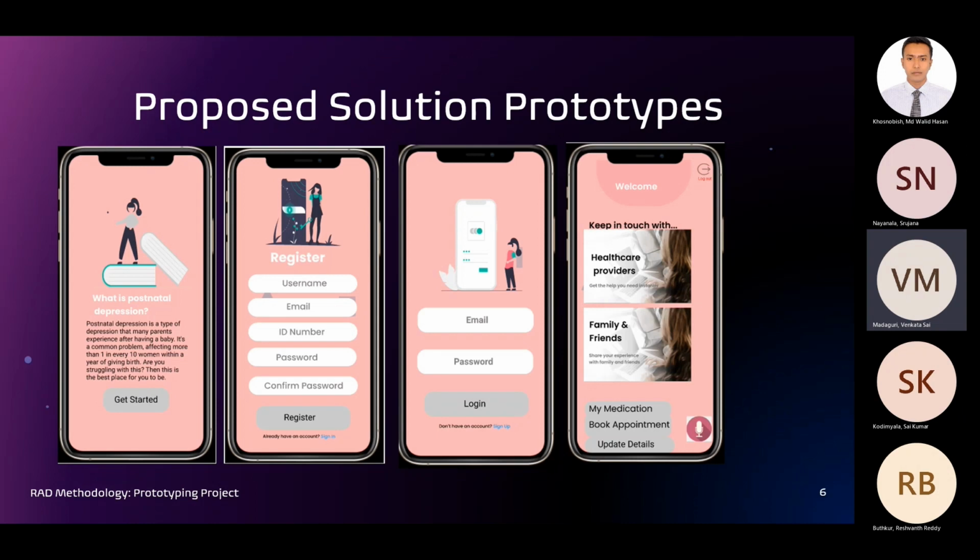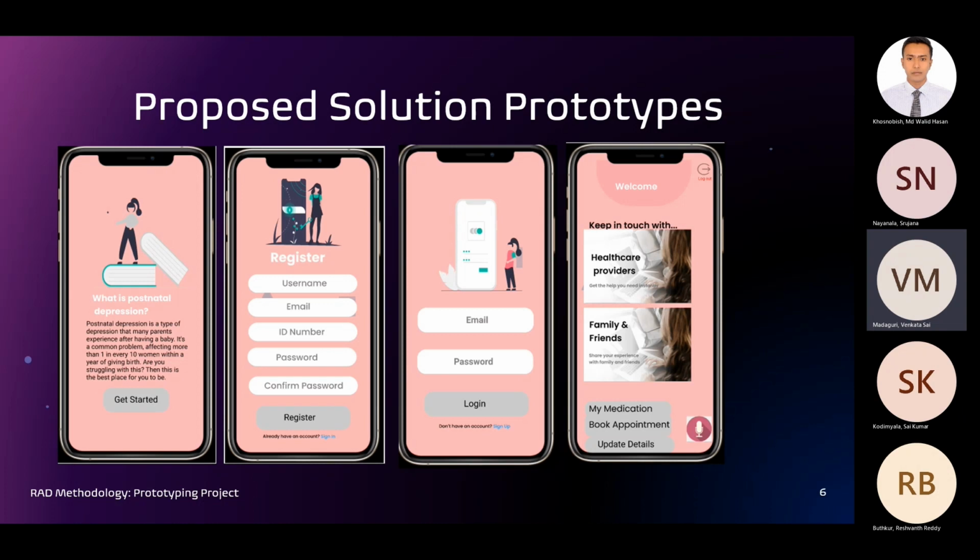Now coming to the proposed solution of the prototype, this is a basic sample of the prototype we have developed, which is very user friendly. You can register with your email and password, log in with these credentials, and get the appointment and all the necessary information about your health condition.